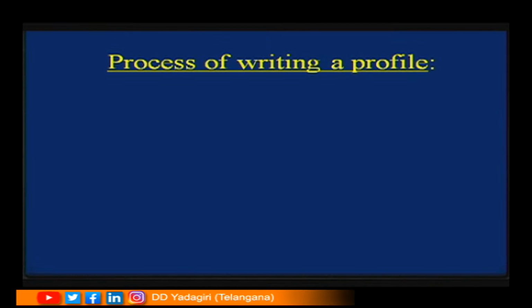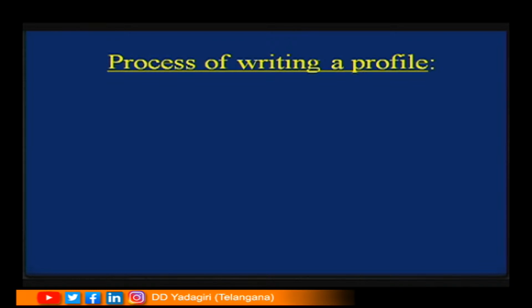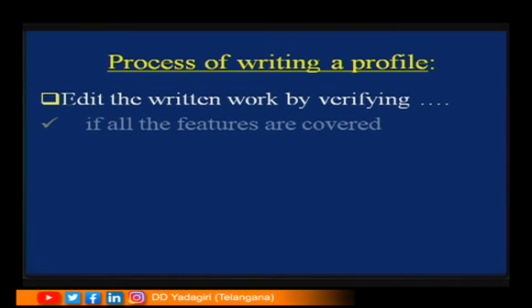And while trying to write a profile, you have to follow a process. This is the process, let us discuss. Write a profile in tabular form or paragraph individually, then edit the written work by verifying if all the features are covered.